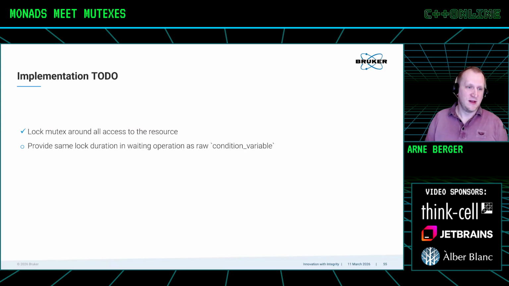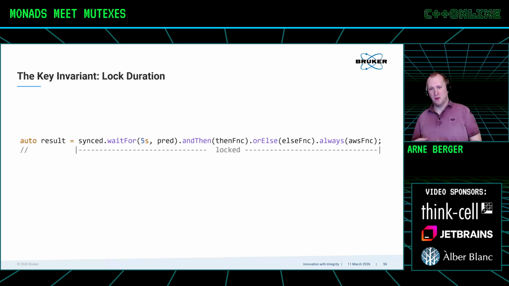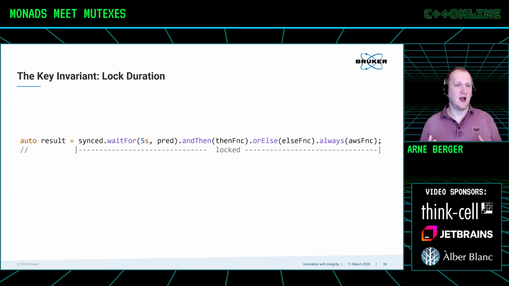Okay, then the second thing, provide the same lock duration in the waiting operations. What does it mean? So if we have our monadic chain here, as I call it, on the left side, we want to store something in the result. We first call the waitFor, which locks the mutex internally. Then we call the andThen, then orElse, and then always.